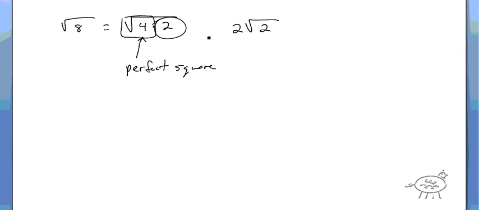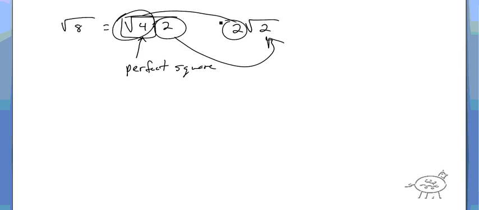So I have a perfect square here. What is the square root of 4? It's 2. So I can take that outside the radical, and I have a 2 left over. That 2 I can't do anything with, so it stays inside. I took the square root of 4, which is 2. That's why I have 2 square root of 2.